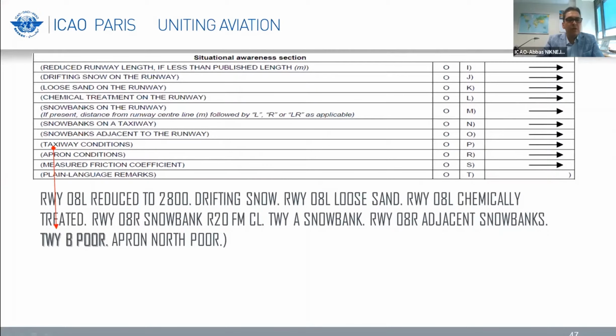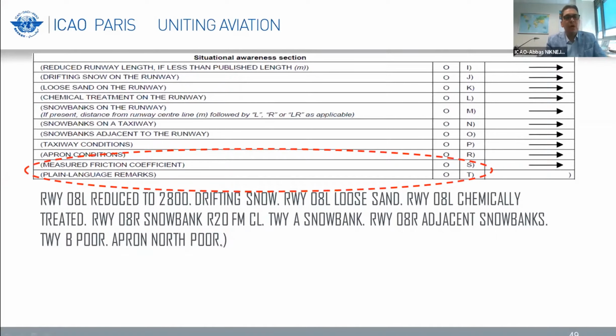If taxiway or apron condition was assessed poor by the airport assessor in terms of coefficient, contaminant, etc., they will report taxiway poor, and you will put it in the Snowtam as taxiway with its designator and then the word poor, and it goes the same for apron. Which apron? And then the word poor.